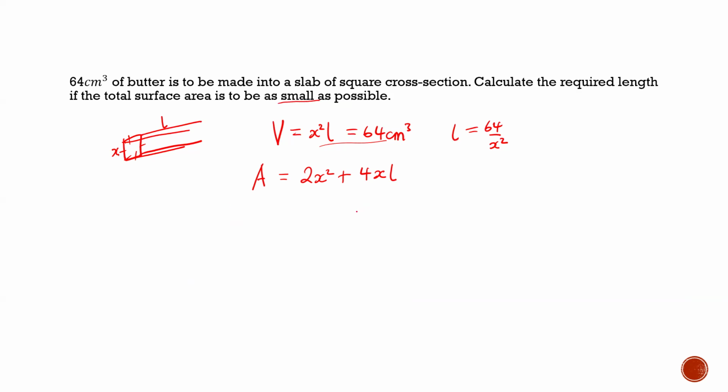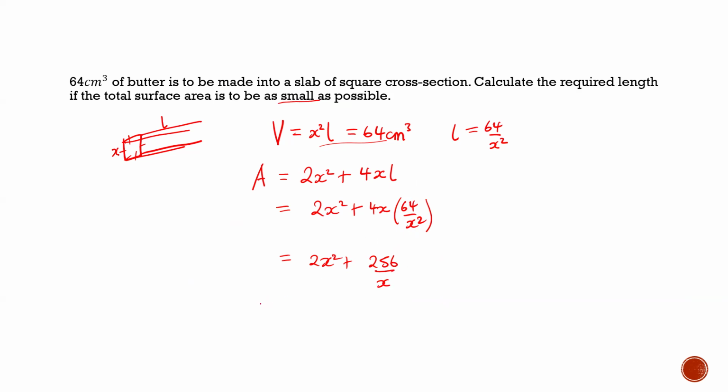So if we substitute for L in this equation, we'll have 2x squared plus 4x times 64 out of x squared. This gives us 64 times 4, which is 256. So A is 2x squared plus 256 out of x.